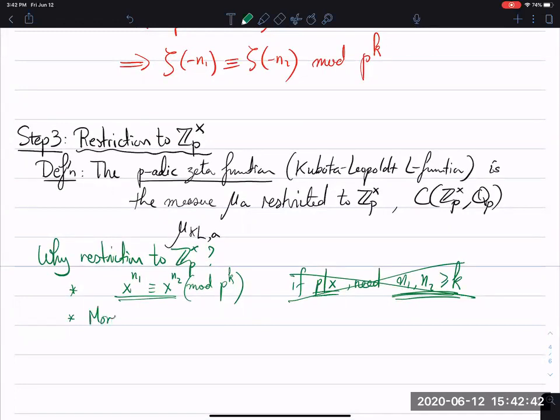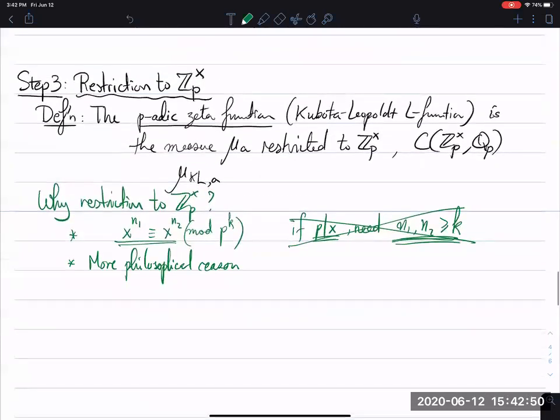Here's a more philosophical reason. As explained in Keith's class, if I take the Galois group of Q and take the maximal pro-p abelian extension, and I wanted the ramified part, since the unramified part is not very interesting.